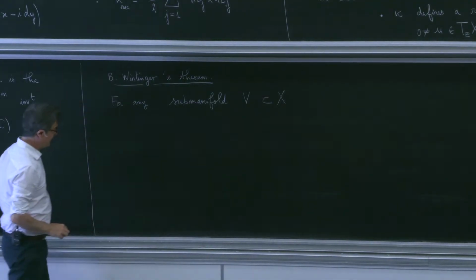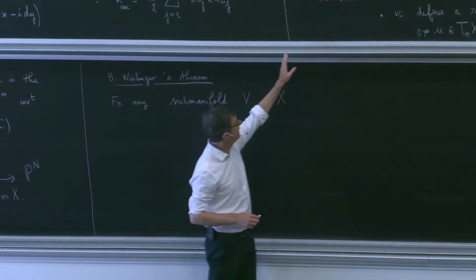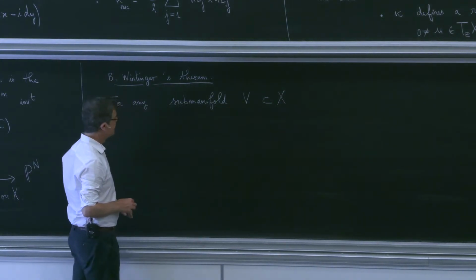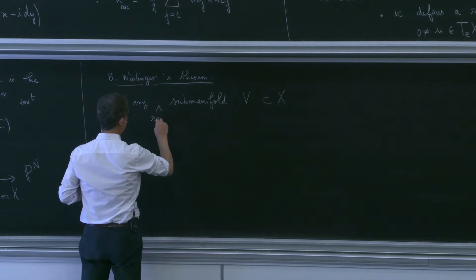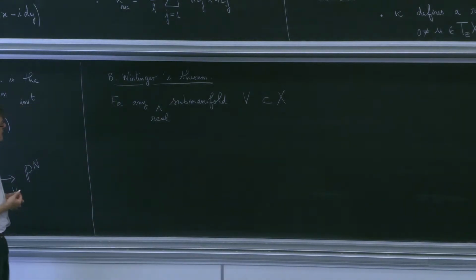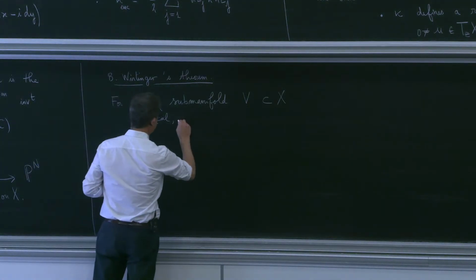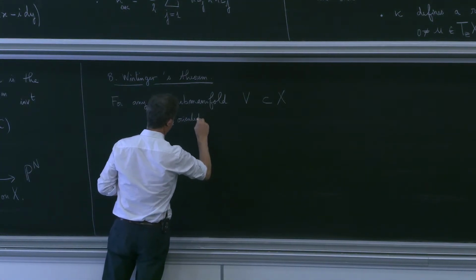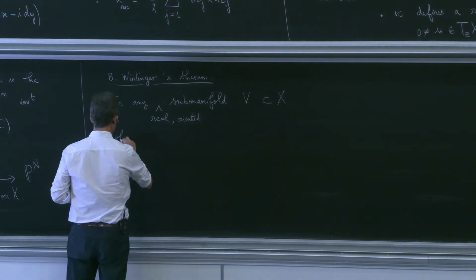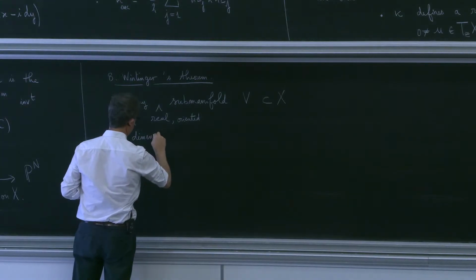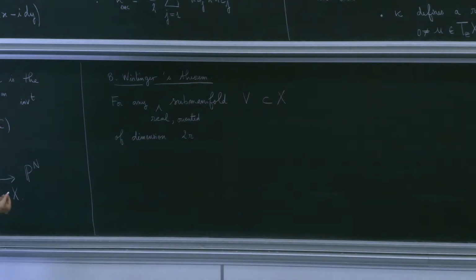I will consider a submanifold V of X, and X is, let's say, Kähler with a Kähler form kappa. Here, by a submanifold, I take any real submanifold, just a submanifold in the sense of differential geometry, and I will assume, say, it's oriented, and of dimension 2R. So I want the dimension to be even.